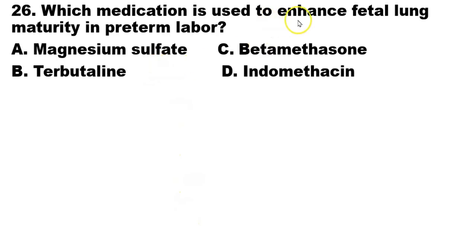Which medication is used to enhance fetal lung maturity in preterm labor? A. Magnesium sulfate, B. Terbutaline, C. Betamethasone, D. Indomethacin. Think over it for 5 seconds.